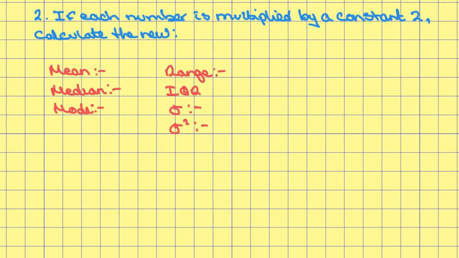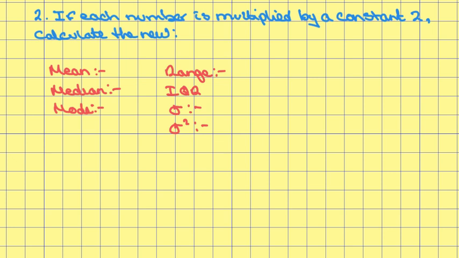The second thing I want to look at is what's the effect of a multiplier on the data set. So if I multiply each member of the data set by a constant, or divide each member of the data set by a constant, what happens to the mean, median, mode, range, interquartile range, standard deviation, and variance?